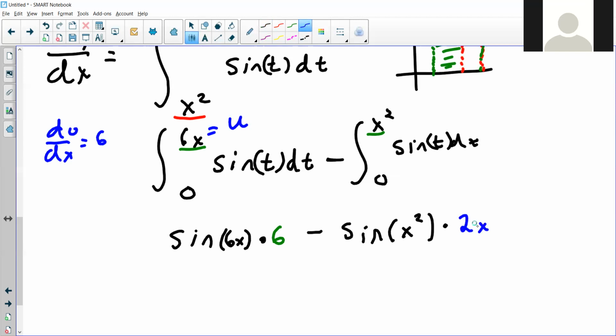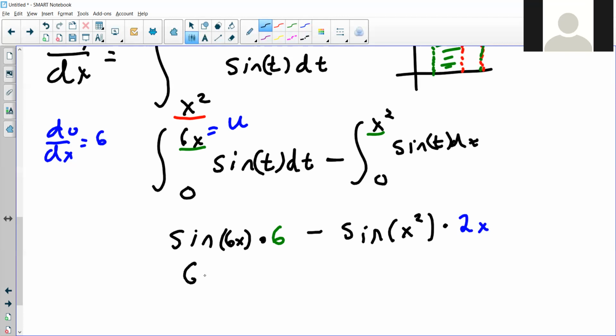So it should be 2x times sine of x squared. I messed that up, I'll fix that answer. The blue is the derivative of x squared, which is 2x: bring down the 2 and reduce the power by 1.